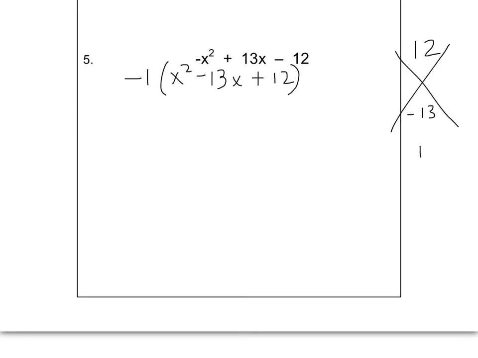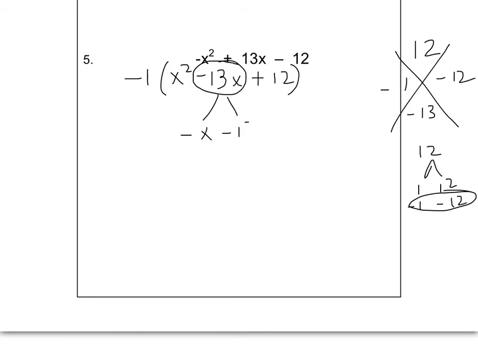I write down my factors of 12. I've got 1 and 12, but don't forget you have negative 1 and negative 12 as well, and bingo, I found them. So negative 1 and negative 12 is what's going to replace my middle term: negative x and negative 12x. Or negative 1x would be the same thing here, instead of just a negative x.